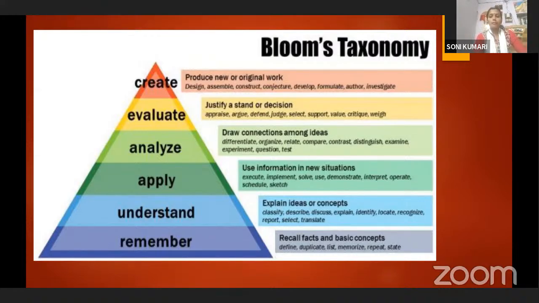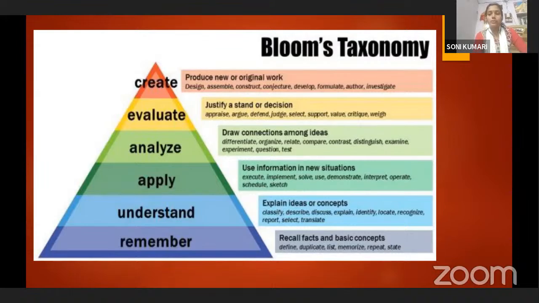Now apply: use information in a new situation. Analyze: draw connections among ideas. Evaluate: justify a stand or decision.